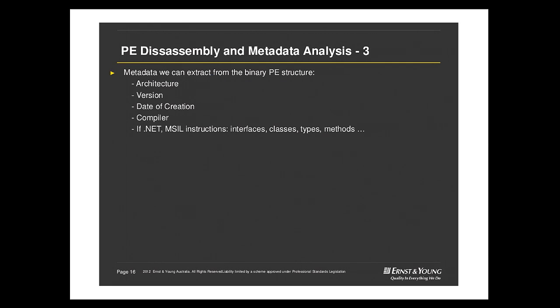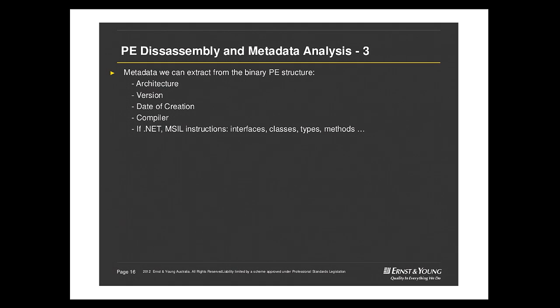Another metadata we can extract from the binary PE structure just by looking at the headers is the architecture: Intel, ARM, Windows CE for MIPS processors, 32 or 64 bits, the internal version of the application, when it was created, even the compiler that was used.